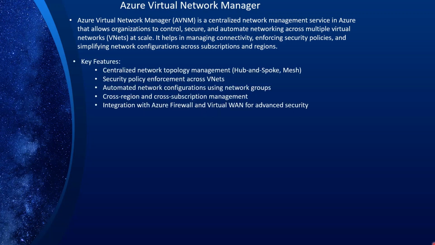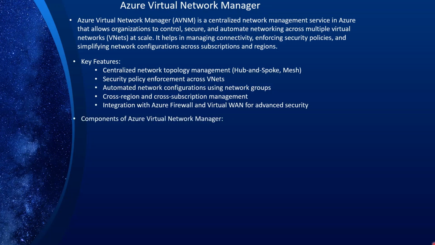Some of the key features: centralized network topology management. It supports two types of topology, hub and spoke, and mesh. We'll be talking about those in detail a little bit later. Security policy enforcement across VNets, automated network configuration using network groups, cross-region and cross-subscription management, and integration with Azure Firewall and Virtual WAN for advanced security.